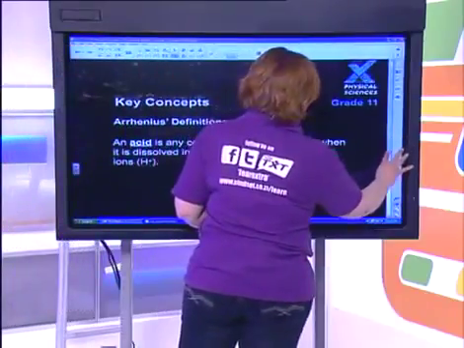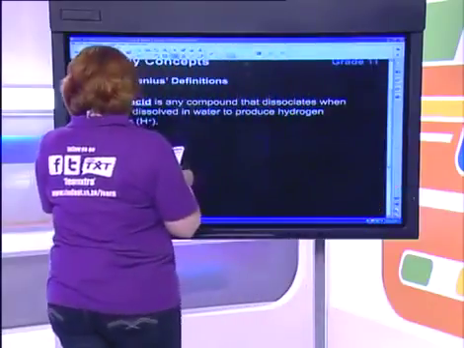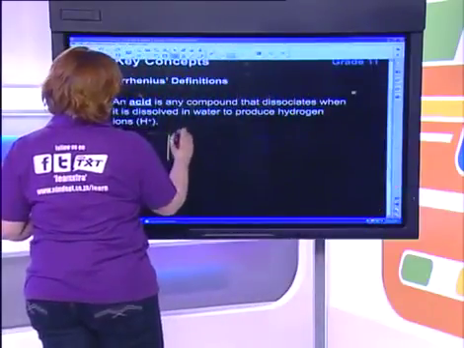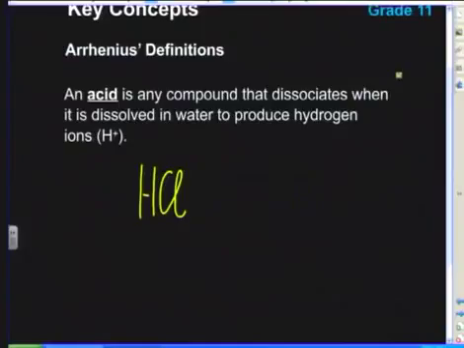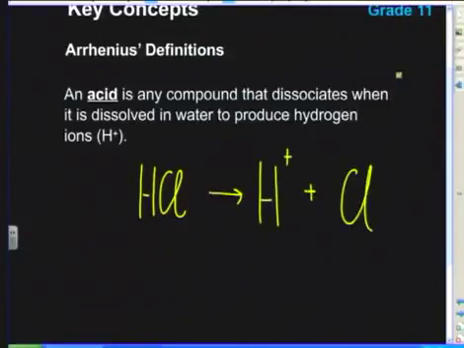So for example, if I take HCl and I'm going to dissolve it in water, it's going to give me H plus ions and Cl minus ions, okay? So I'm putting it in aqueous, I'm dissolving it in water, and we're like, that's great. And you know what?